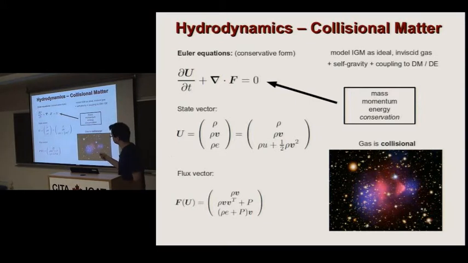For hydrodynamics, you can essentially solve the partial differential equation exactly, the Euler equation, which is just mass, momentum and energy conservation. I guess all of you are familiar with how this works in general. You model the IGM as an ideal gas and couple it to self-gravity, and then you try to come up with a universe which has the correct properties of some baryons.